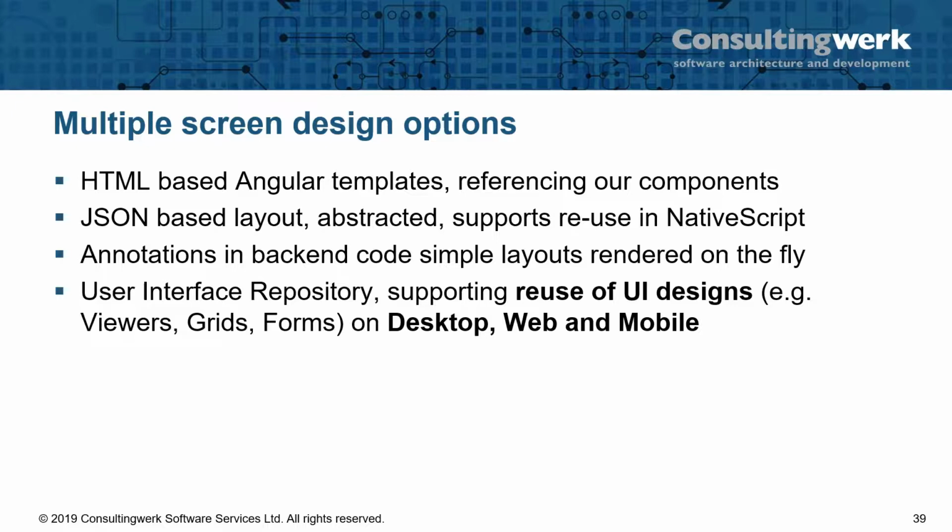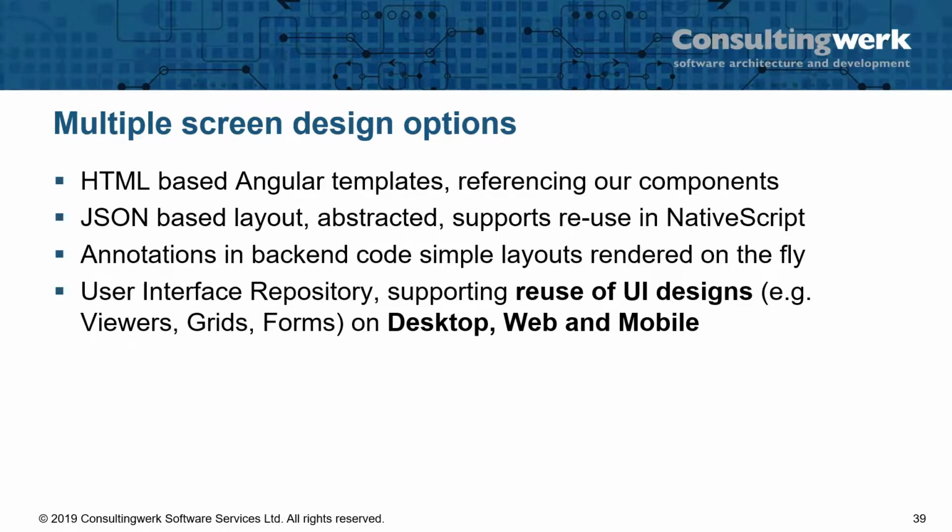The JSON-based layout describes the components on the screen and how they relate to each other and how the properties are, and our front-end library is able to render the screens based on this JSON layout. The nice thing there is we are able to reuse that JSON layout in NativeScript applications, which are native mobile applications deployed to mobile phones.